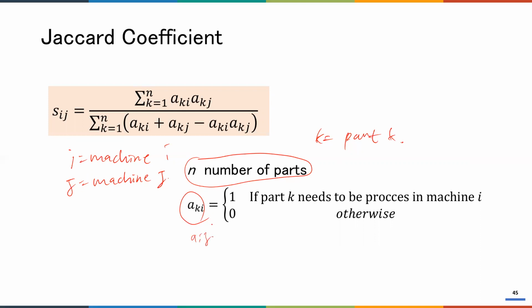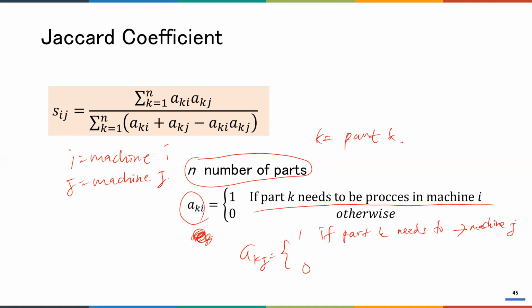However, because we have two different machines, I change it into AKI, which will be equal to 1 if part K needs to be processed in machine I. AKJ will also be equal to 1, and 0 otherwise, if part K needs to be processed in machine J.